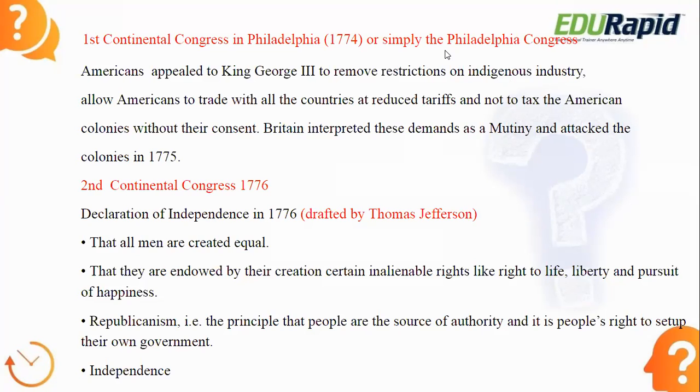Someone says, ruled by its people. I want the literal meaning of republic. That is the general meaning. What is a republic? We are studying republic from class 1, right? So what is a republic?